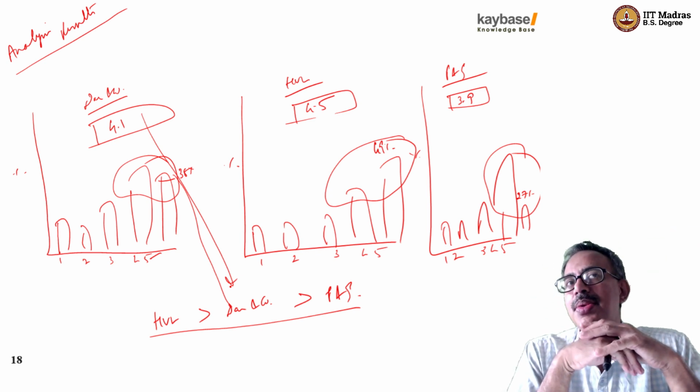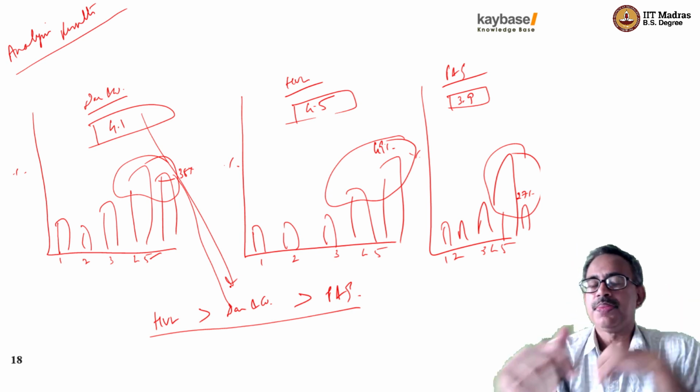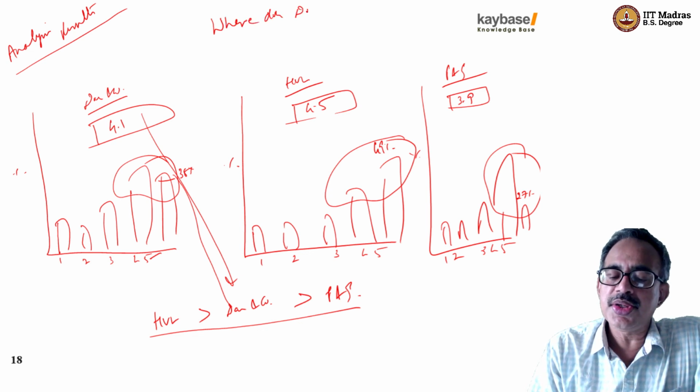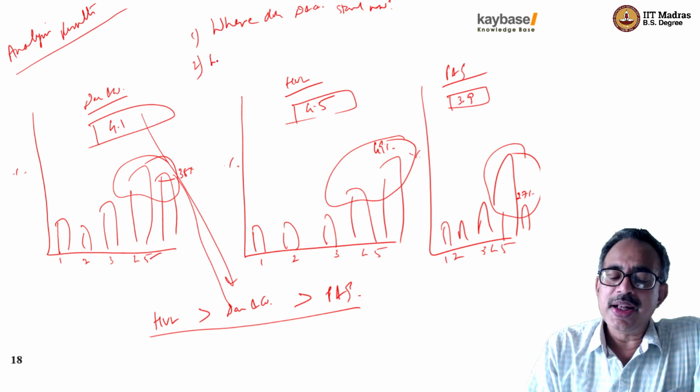So the end recommendation of the study would be, where does Das & Co. stand now? Why is it at that level?